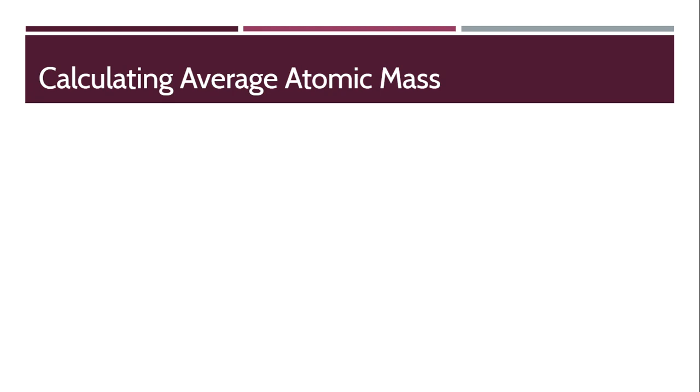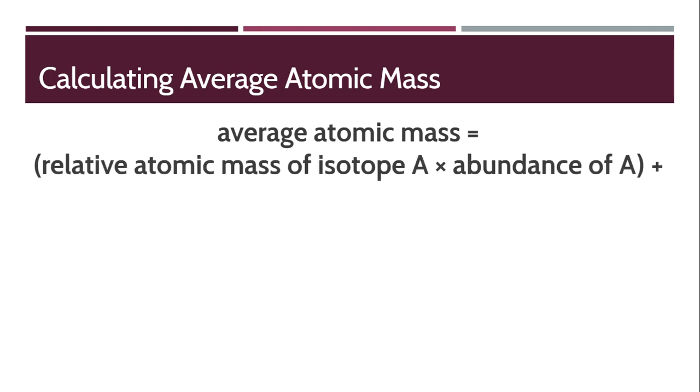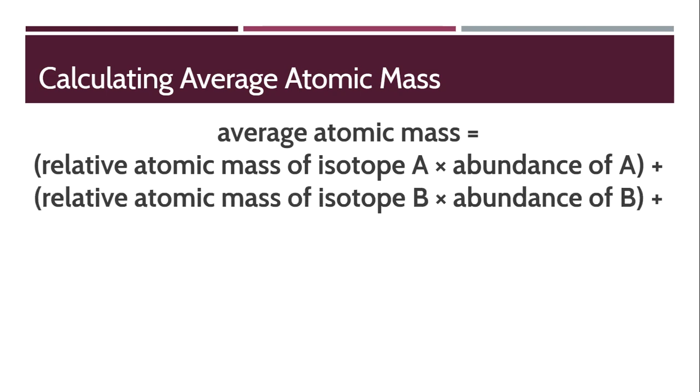So how do we calculate average atomic mass? The formula is that average atomic mass is going to equal the relative atomic mass of the first isotope, isotope A, multiplied by the abundance of that isotope. And then we add to that the relative atomic mass of the next isotope, multiplied by the abundance of that isotope.